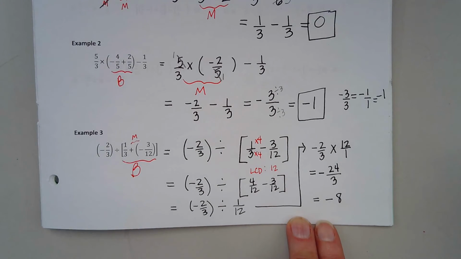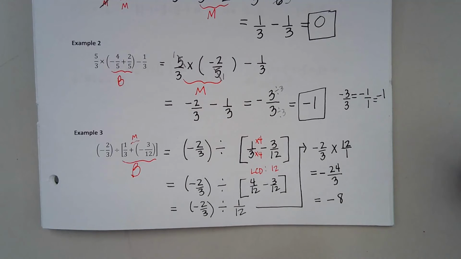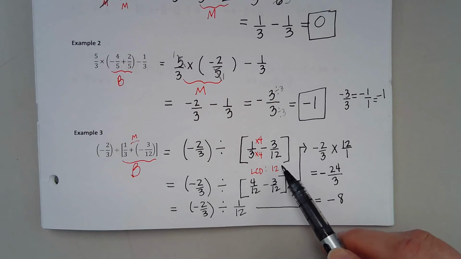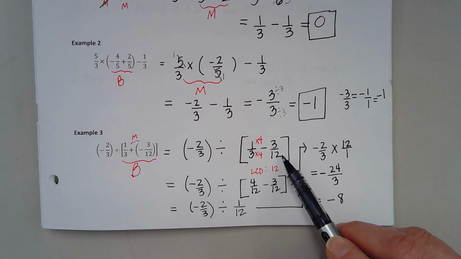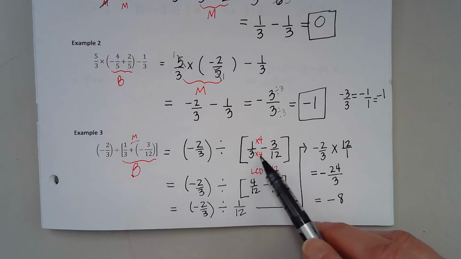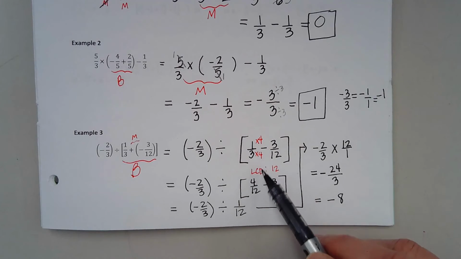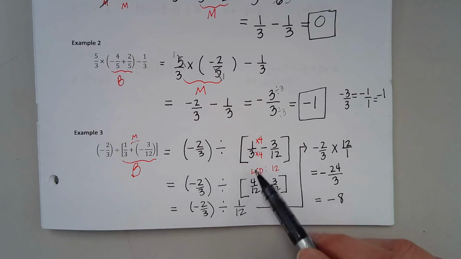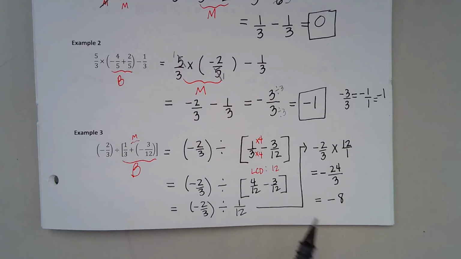Yanesa? Miss, why did you multiply by 4? Well, I already had a 12 here. My LCD was 12, so I wanted to keep that 12. So in order to get a 12 on the bottom here, the multiplier would be 4, right? 3 times 4 gives me 12. 1 times 4 gives me 4. That gave me 12s on the bottom. You told me the LCD was 12, didn't you?